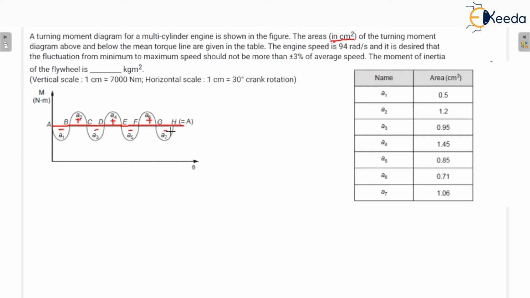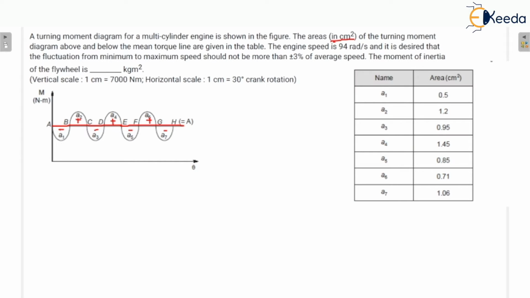And we have read in the lecture that the summation of all the positive area above the T mean line is equal to the summation of all the negative area below the T mean line. Yes or no? We have read that.